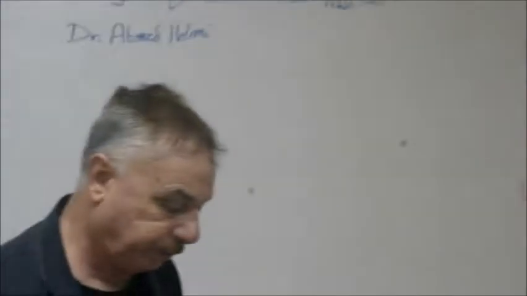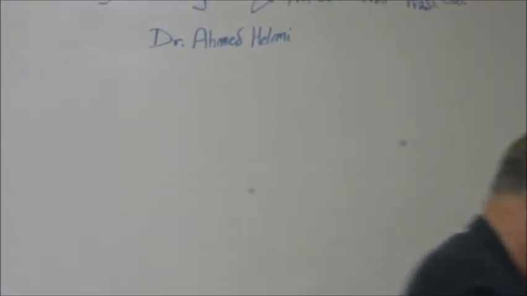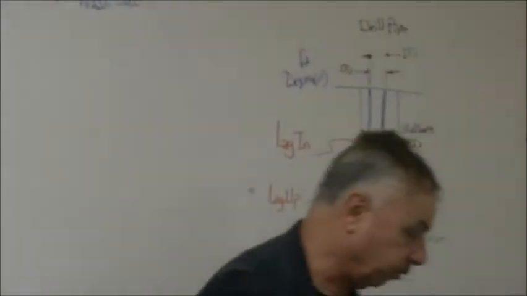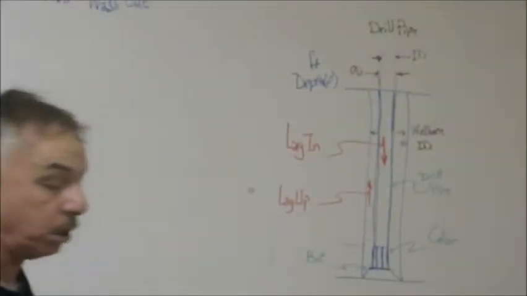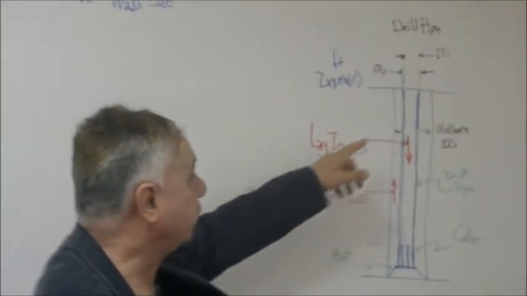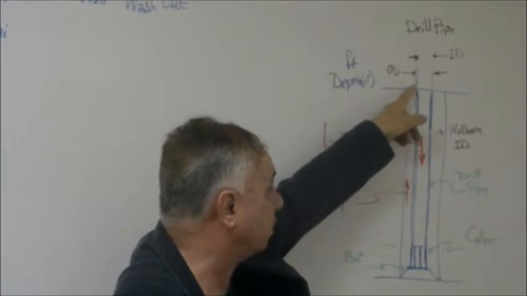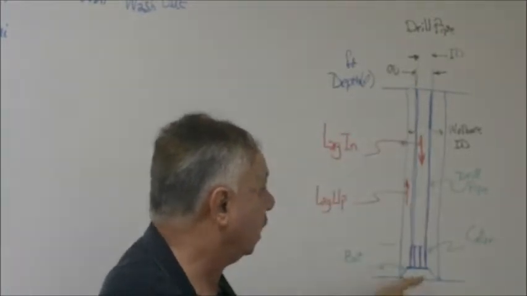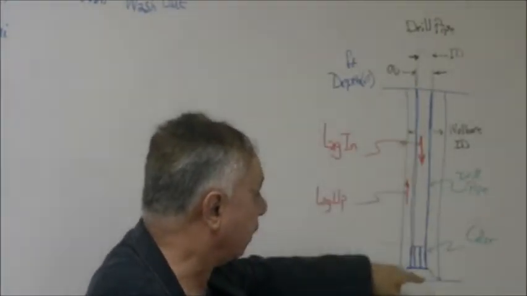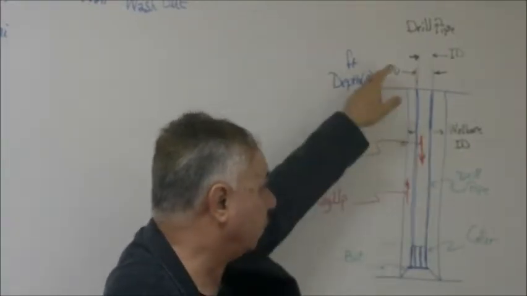So let's start with the calculation of the time in strokes, not in minutes. The time in strokes that the mud will take from the surface to the bit, and then from the bit, or the bottom of the wellbore, to the surface.